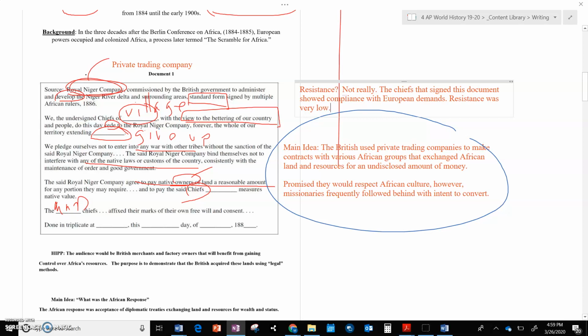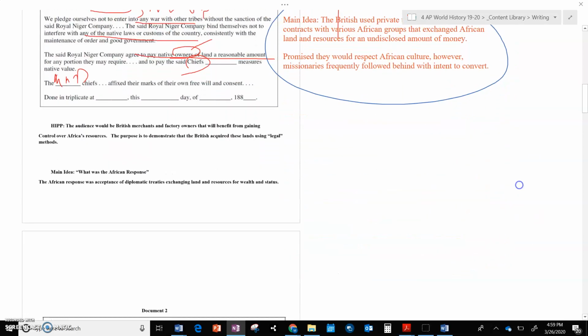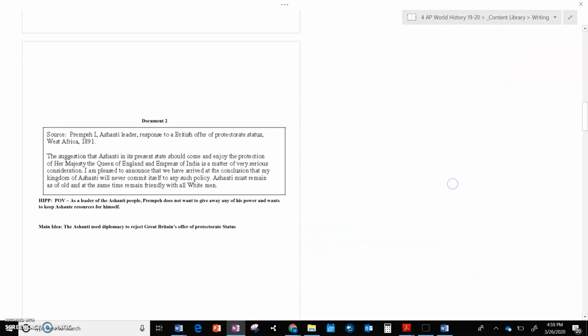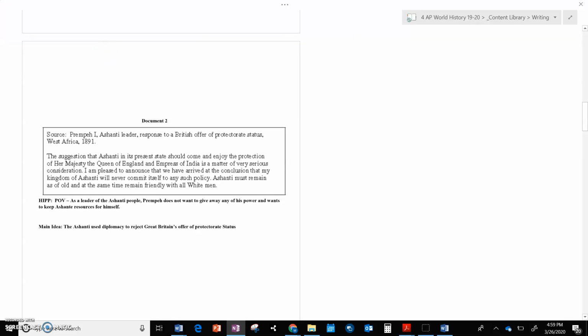Now, your job now is to see, are there any other documents that support very low resistance or some form of passive resistance or compliance? And that is the goal. Find the connections. So moving on to document 2. Here we have, I'm probably going to say the name wrong, Prempeh the first, an Ashanti leader. This is a response to a British offer of protectorate status in West Africa.